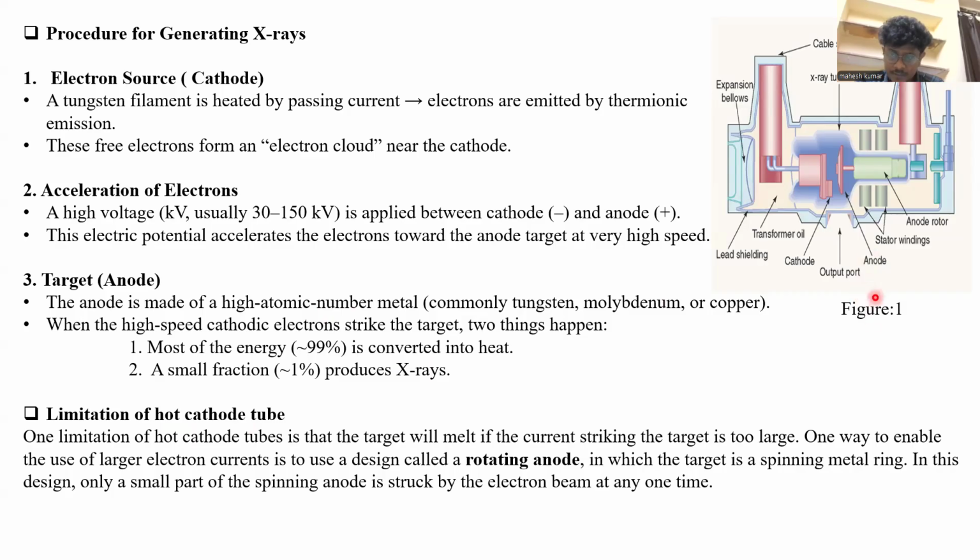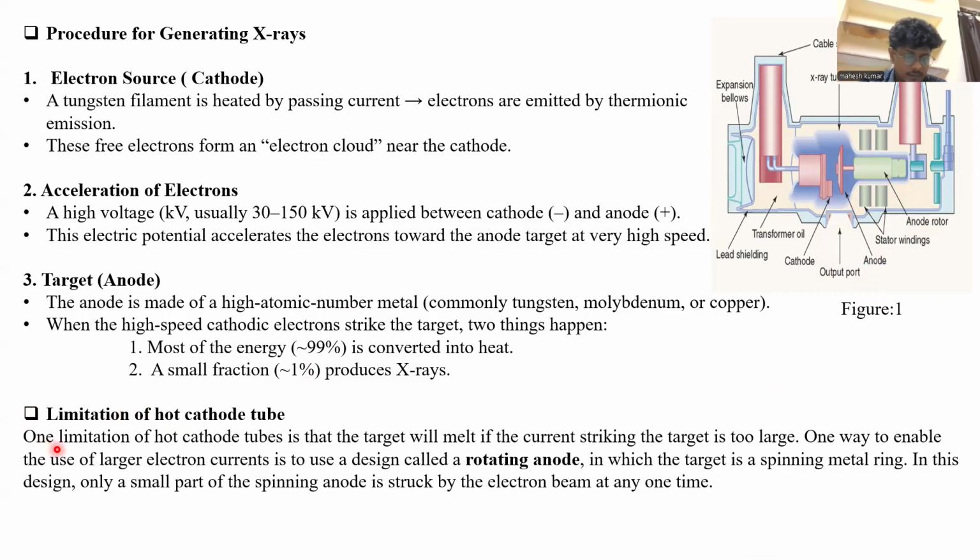See in figure 1, we have cathode and anode. A high energetic electron beam is generated from the cathode and goes towards the anode. Basically, here we have an anode rotor. And why do we use an anode rotor here? Because we have a limitation of the hot cathode tube.